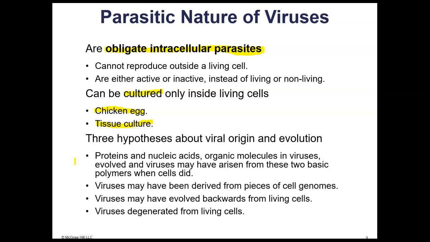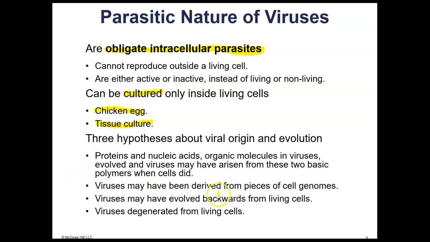Proteins and nucleic acids, which are the components of viruses, the organic molecules that are found in viruses, evolved in living cells as well, and viruses may have arisen from these two basic polymers when cells did.